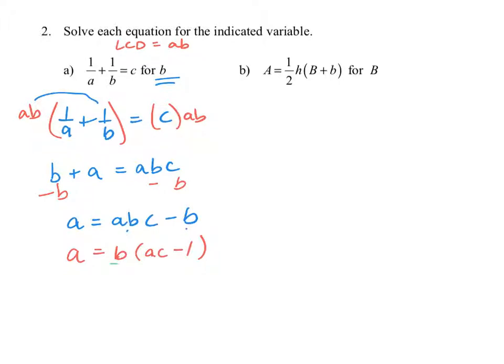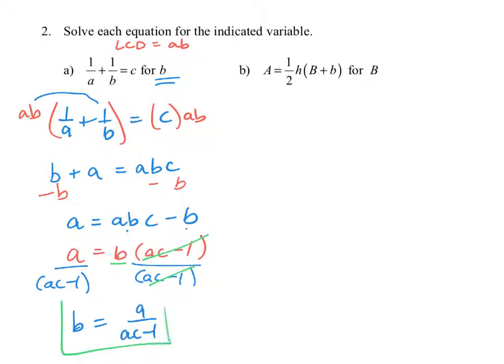We want to get this B by itself, so we're going to divide both sides by AC minus 1. So these two factors will divide out, and we get B by itself. So B is equal to A divided by AC minus 1. And that is our solution when we're solving this rational equation for the indicated variable B.